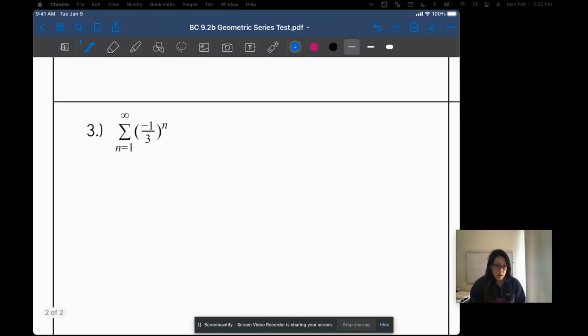So the sum from n is equal to 1 to infinity of negative 1/3 to the n. So I have, here's a little tricky bit, our first term has an n of 1. So I am going to figure out what a sub n is, and that's negative 1 over 3 to the first power, which is negative 1 over 3.